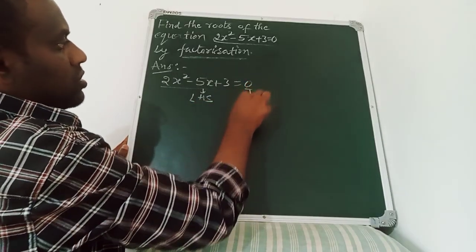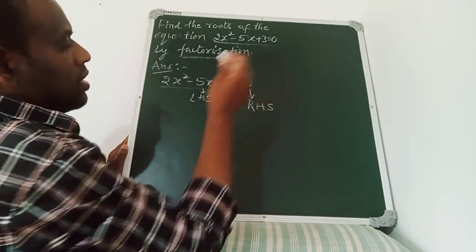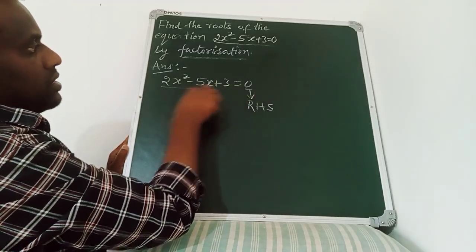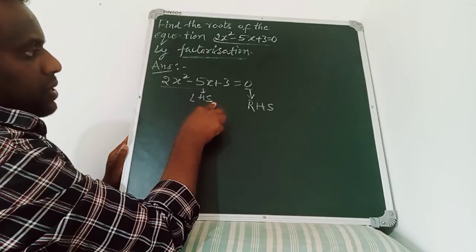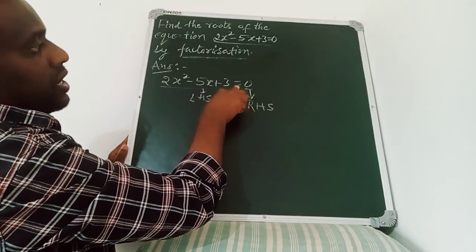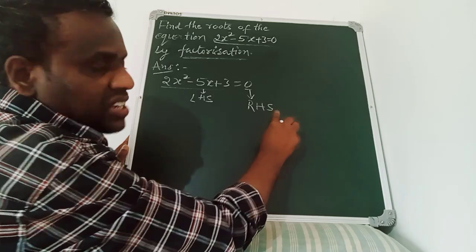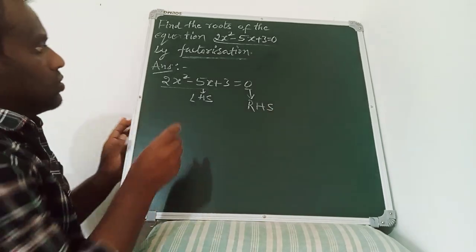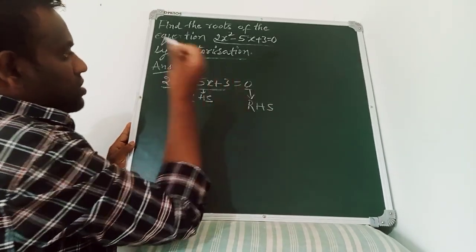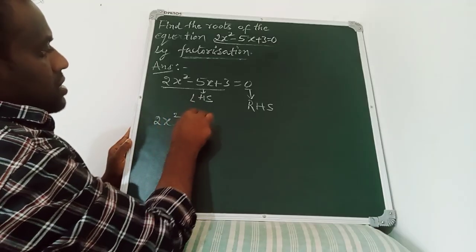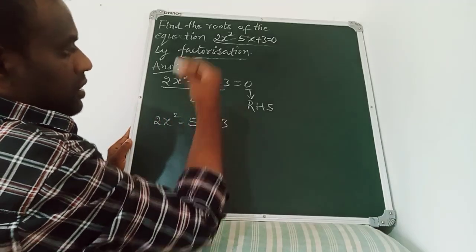This is RHS, right hand side. So before the equal sign, this side is the left hand side expression. After this equal sign, whatever is there, that is the RHS, right hand side expression. So you take this LHS first. I will take that: 2x square minus 5x plus 3.